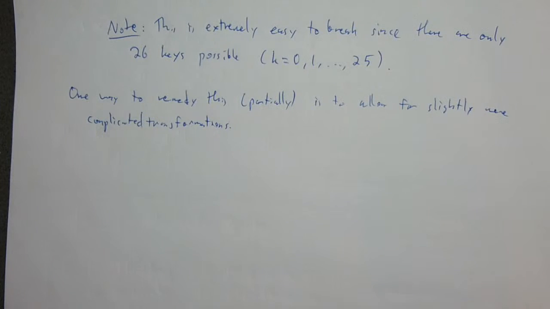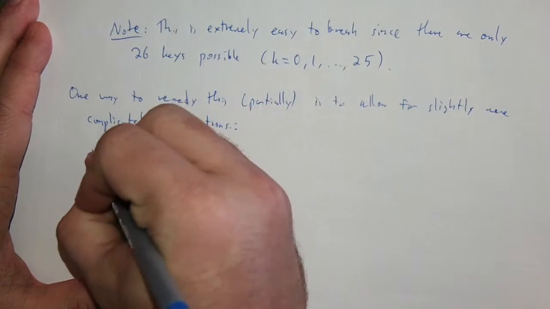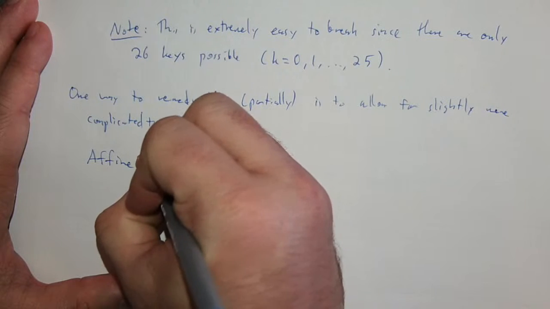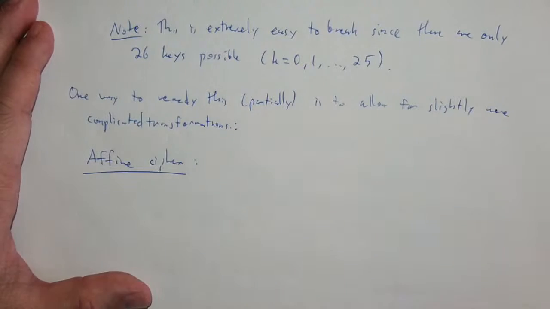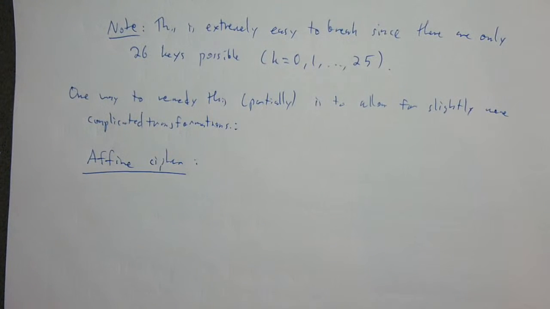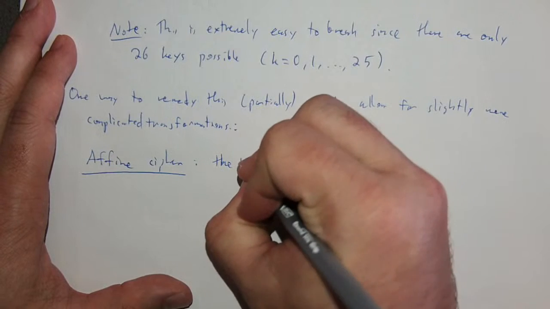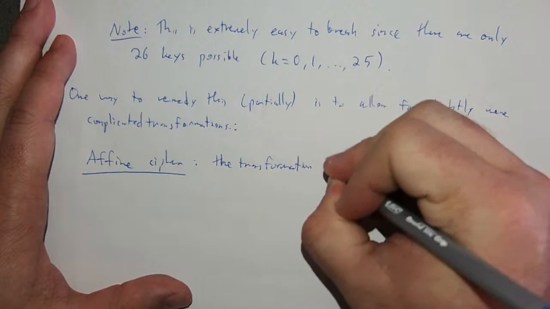Anyway, as I said, this is the simplest thing. This slightly more complicated transformation is the notion of an affine cipher. So how does the affine cipher change the transformation in question?